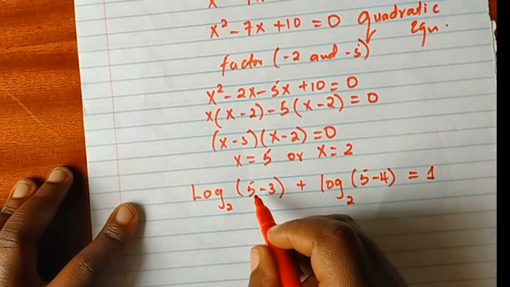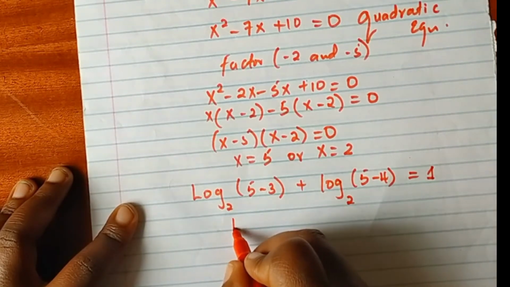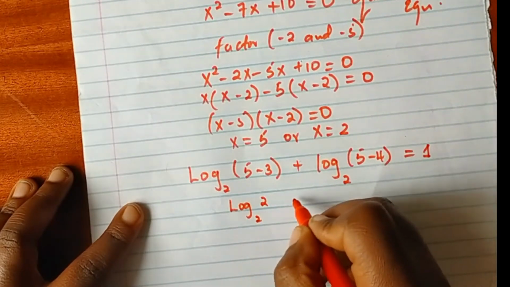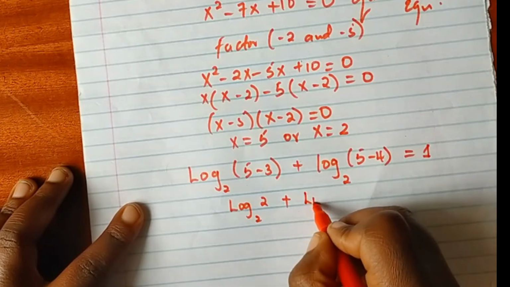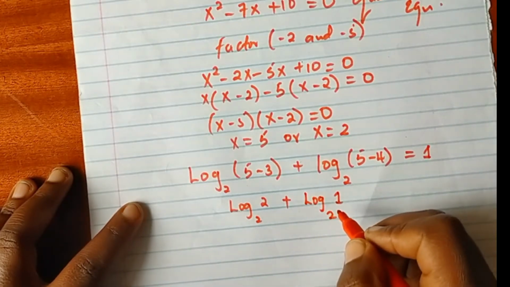So this is log 2 to base 2 added to the log of 1 to base 2.